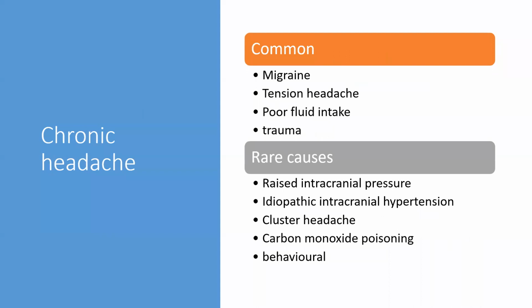And the other thing is very common things like poor fluid intake and trauma. Trauma is usually, if you have a whiplash injury, if you are involved in a road traffic accident, it can be debilitating. And also poor fluid intake, dehydration, that could be very common in chronic headache.